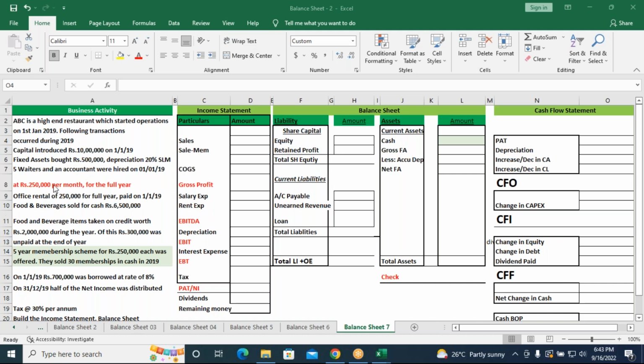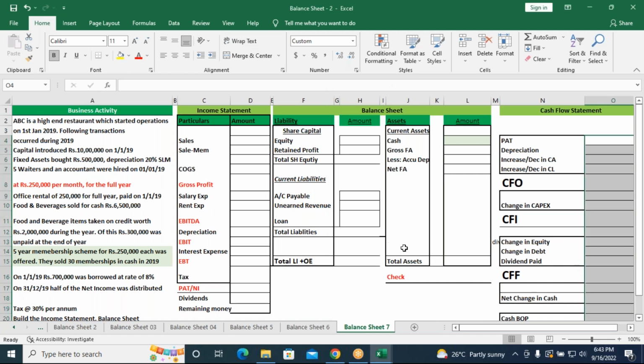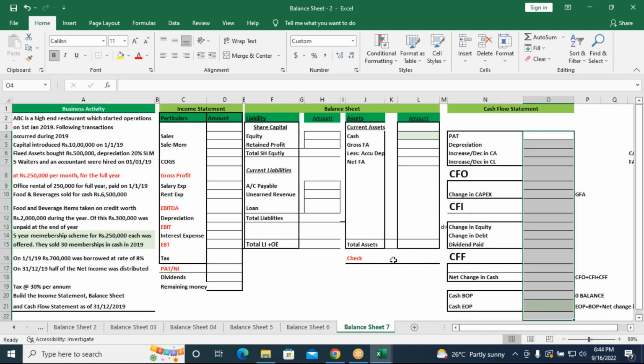Don't hesitate. So capital introduced is rupees 10 lakh on 1/1/2019. Where should I enter this value? Ma'am, in equity and in the cash account. Equity where? In the balance sheet, under the liabilities.